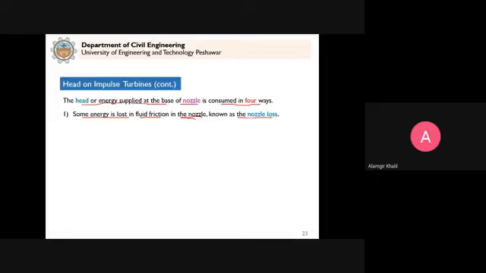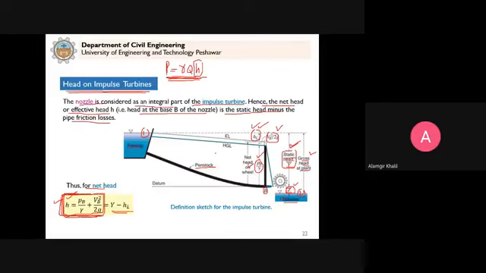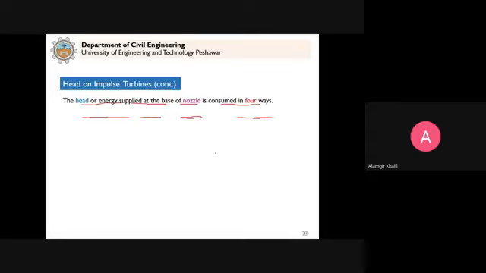Because the nozzle has a converging section, and we already studied the minor losses. When we have converging diverging sections, losses are associated with that. Clear? So that will be called nozzle loss. So it means out of this head available, some energy will be lost in the nozzle. See, before even entering the blades of the turbine, some head is lost.